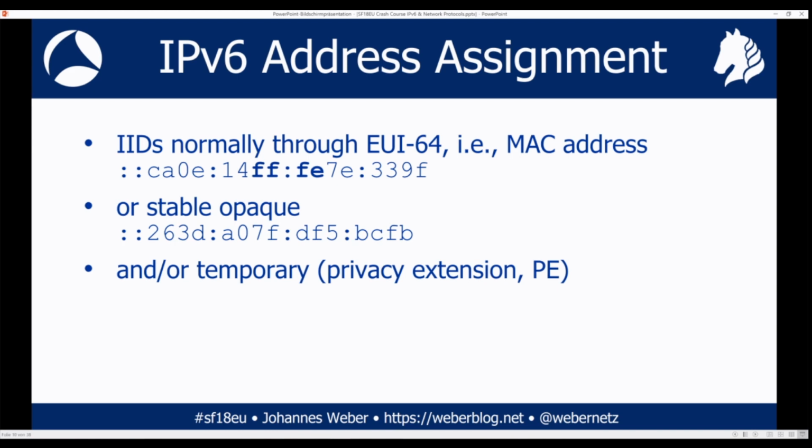And this has timestamps and lifetimes, so maybe every 8 to 24 hours you get a new privacy extended address, while the other ones stay alive for current connections. So when you have a device that has been a couple of days on the same network and you're looking at your interface, you will see that you have by far more than one IPv6 address.